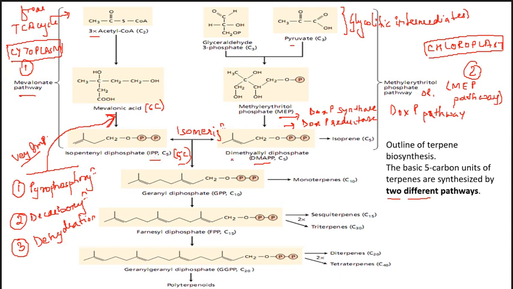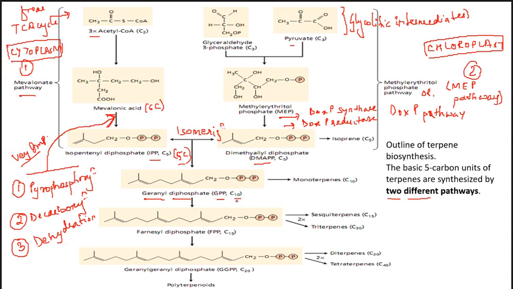Always one molecule of IPP and one molecule of DMAPP will combine to form a 10 carbon compound. The name of this 10 carbon compound is geranyl diphosphate, GPP.